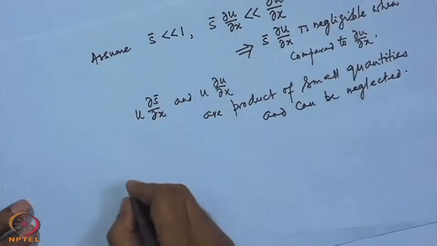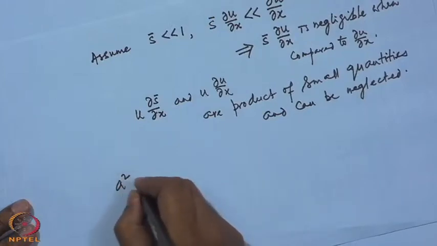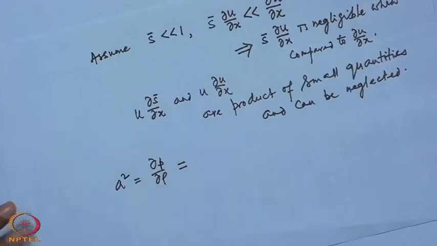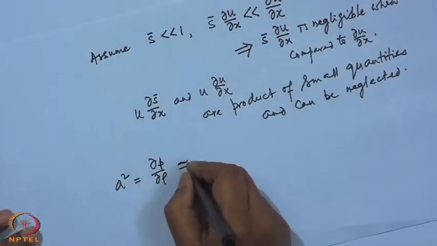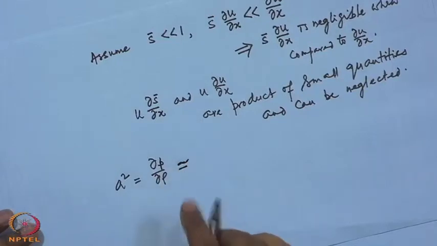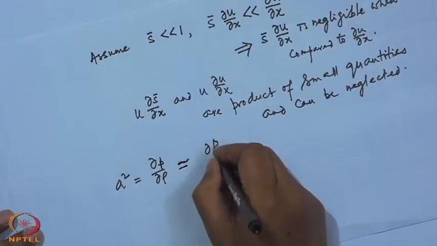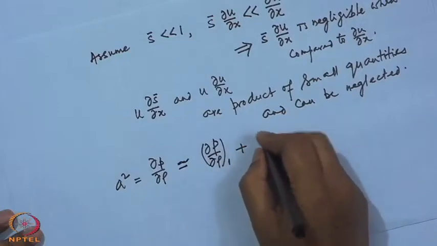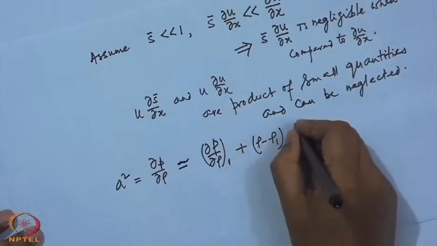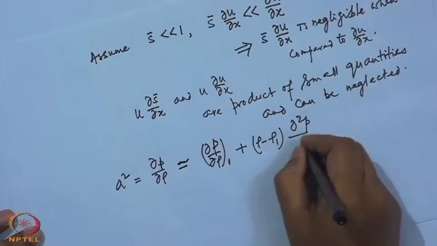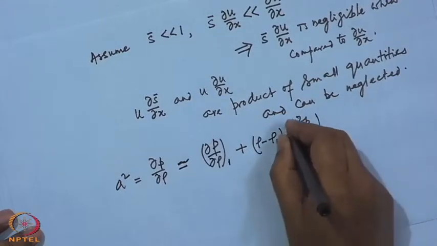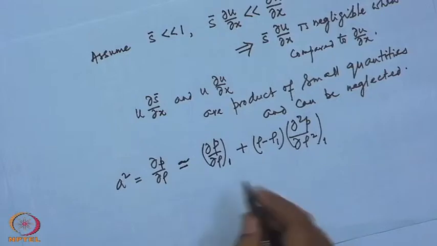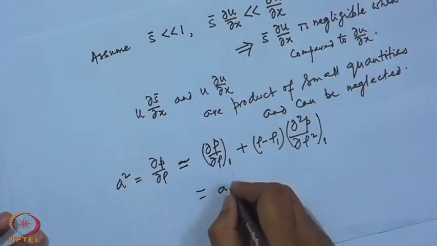Now, the local speed of sound squared, which is dp/dρ, can be expanded in a Taylor series about the mean state, that is the undisturbed state in this case, which is dp/dρ at 1 plus (ρ − ρ1) and so on, a Taylor series expansion about the undisturbed state.